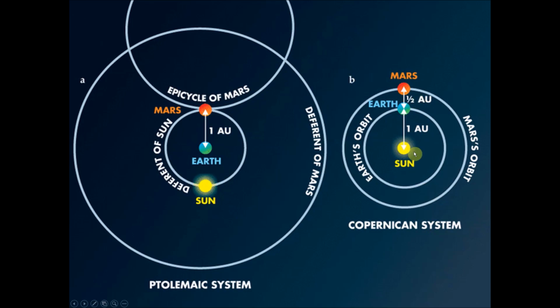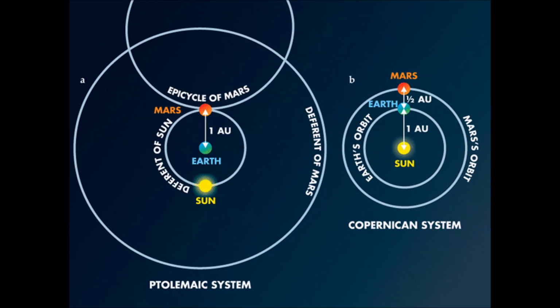And scientifically, the simplest explanation is nearly always the correct one. Not always, but mostly. So here's the Sun, here's the Earth at its 1 astronomical unit, and then you have Mars. It's at half an AU here. So this is half an AU from Earth to Mars. So here's Mars's orbit, here's Earth's orbit. A little neater, a little more elegant.